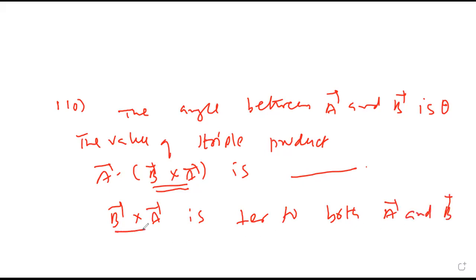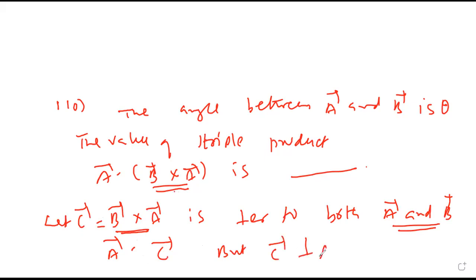That means I will get some vector, suppose C bar. Let C bar equal to this. Now this C bar is perpendicular to A bar. Correct?